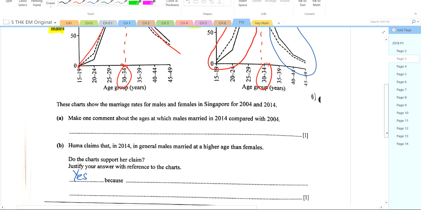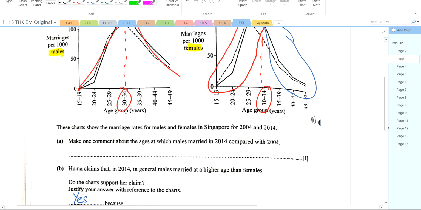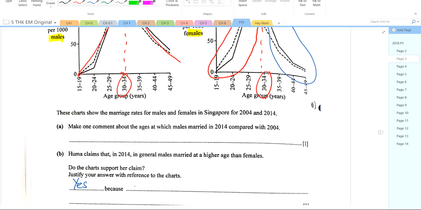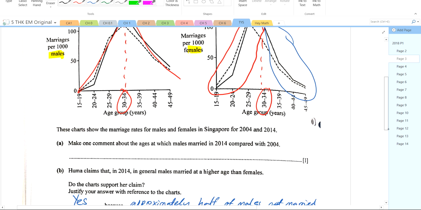I feel that the charts support that because approximately half of males get married after, this is 30 to 34, right?